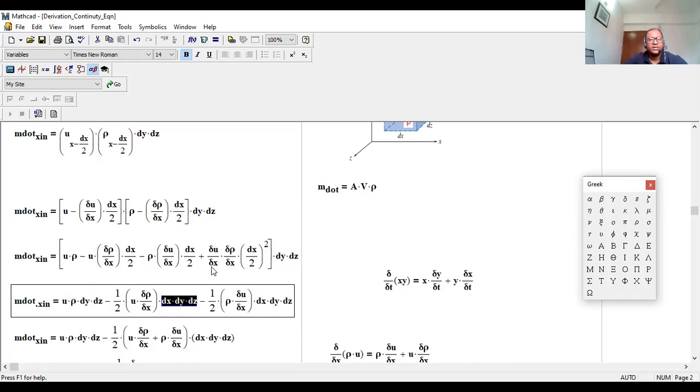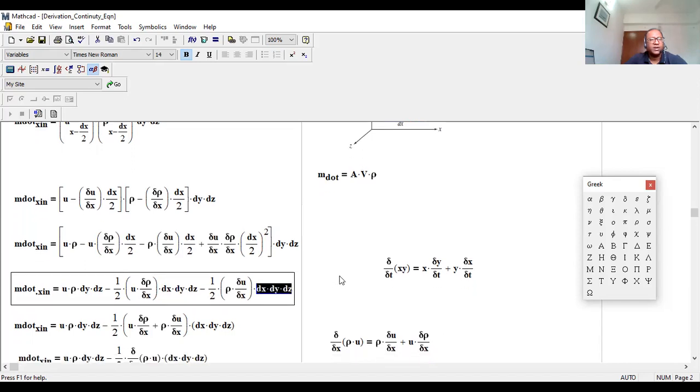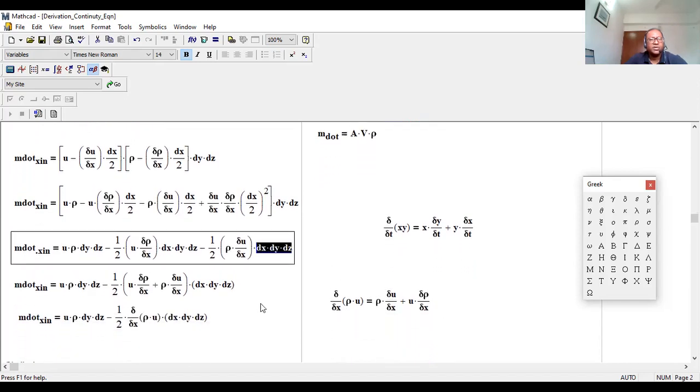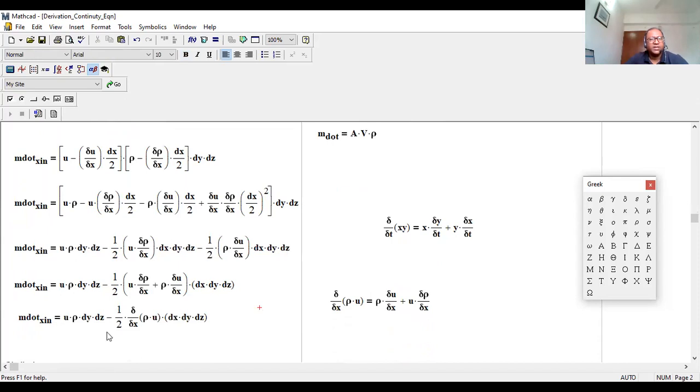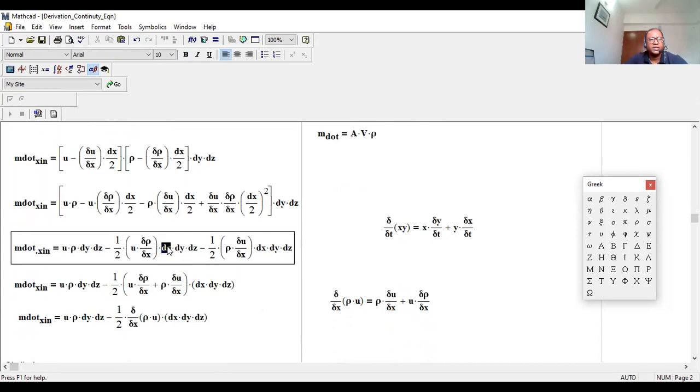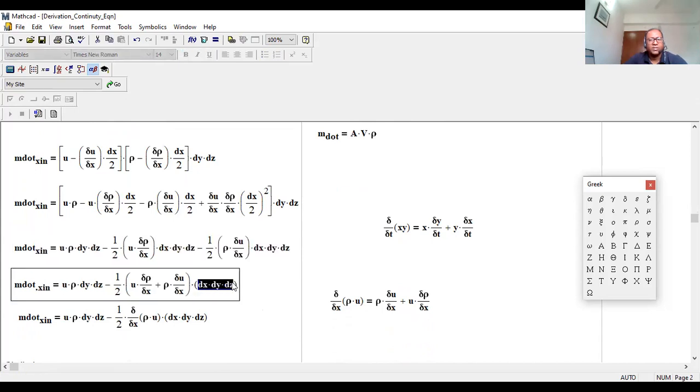Similarly, this one is neglected, right? You just rearrange this one: half rho du by dx, you have this term. Now, if you look carefully, this half I can take out from these two terms, dx dy, and put in a bracket.